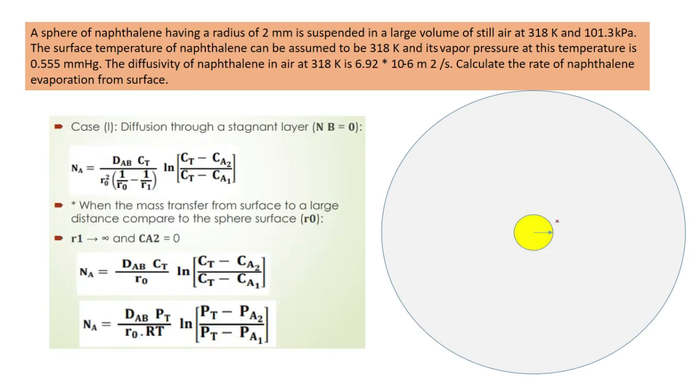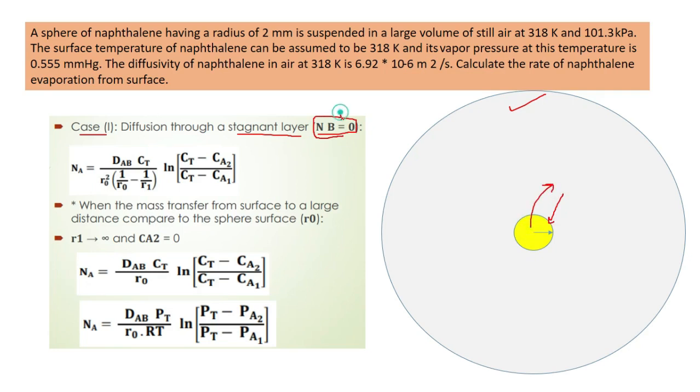In the case of spherical particles, there are two types of cases. Case one is diffusion through a stagnant layer. When the surrounding air is still, there is no movement in the air, so you can say NB is 0. Flow of B to the naphthalene is 0, while only naphthalene can go into the air.